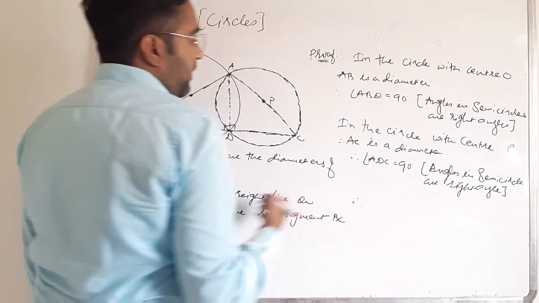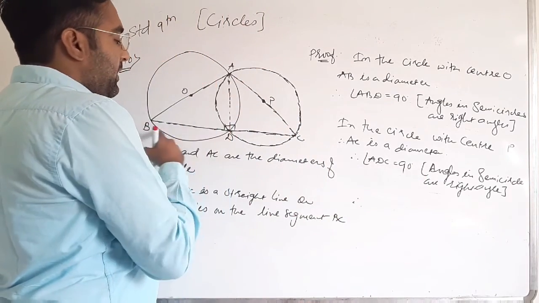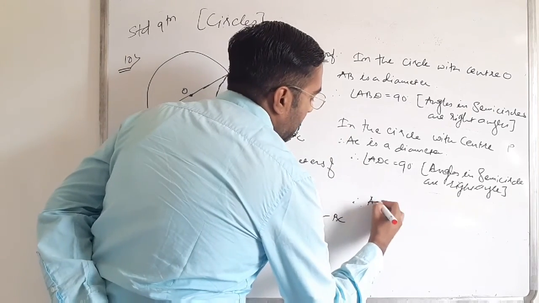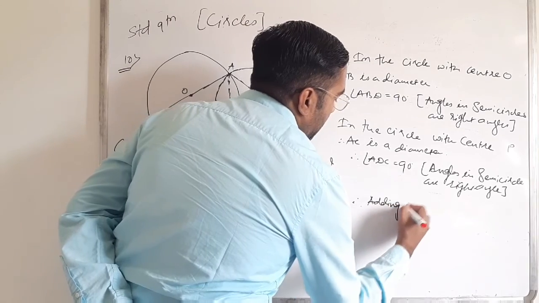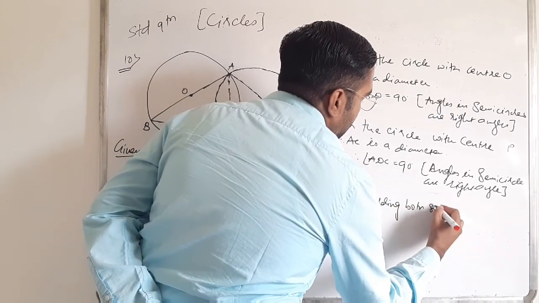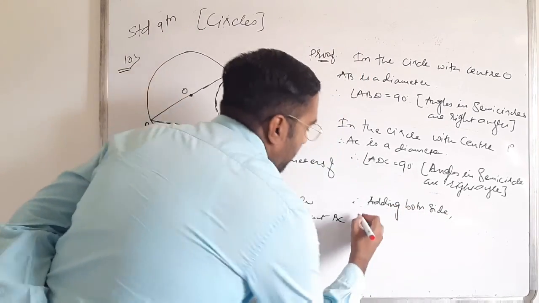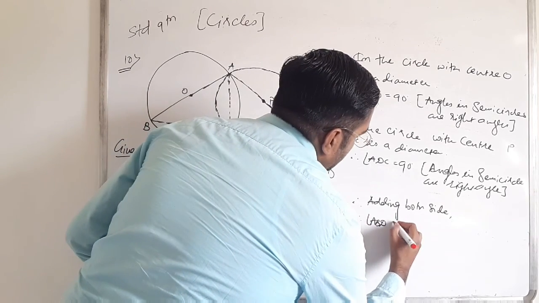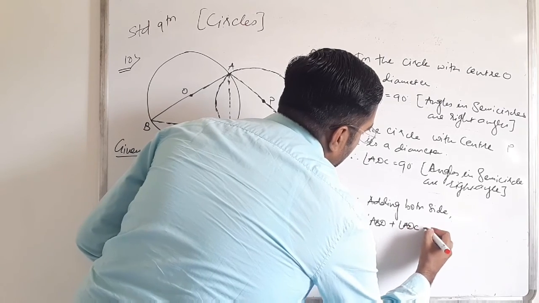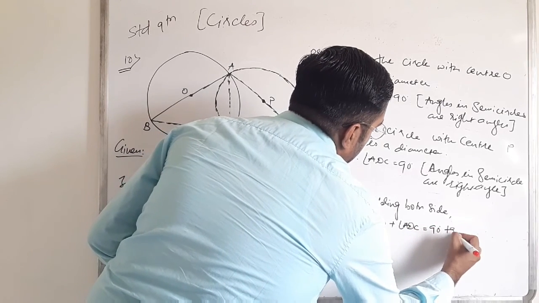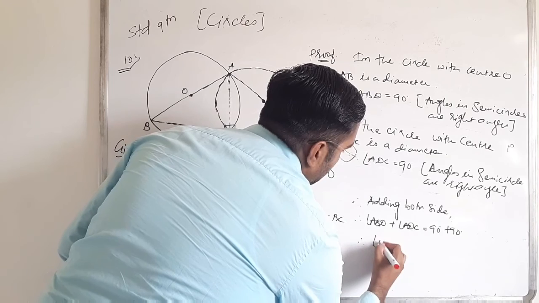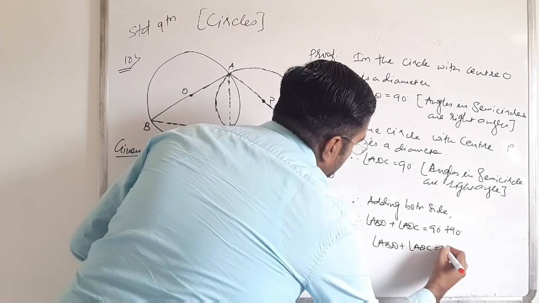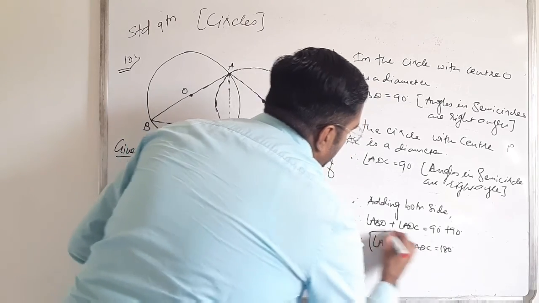So now angle ADB and angle ADC, we have to add both of them, adding both sides. So therefore angle ADB plus angle ADC is equal to 90 plus 90, which is 180 degree.